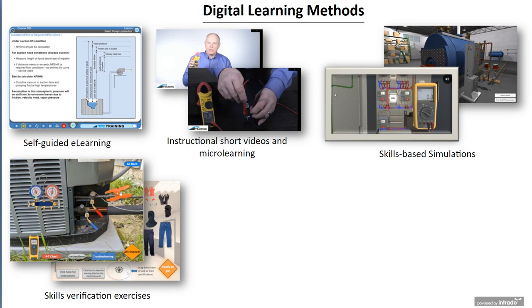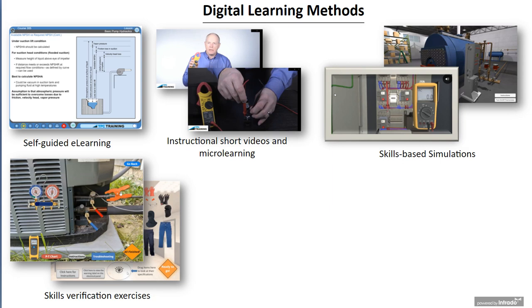When it comes to some of these safety things, other types of activities lend themselves to a skills verification, some kind of one-and-done skill, like how to do a live-dead-live test inside of a panel, how to understand the different components of a refrigeration cycle, how to do a vibration test on a pump, or an alignment check, or belt tensioning on a pump. Some of these things can be done fairly quickly through an interactive exercise on a screen, and they have to really know their stuff to do it right.